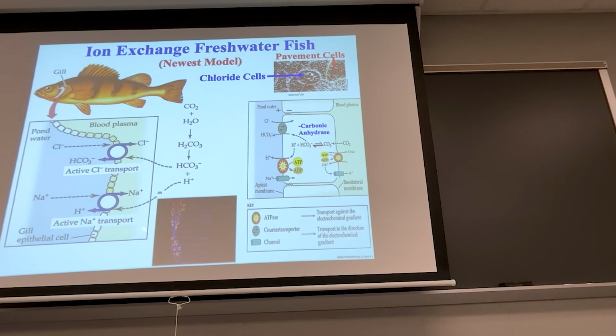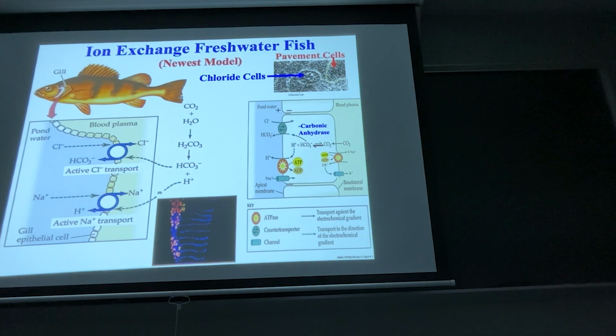Now, this is a picture of the gills. This picture down here is really cool. I killed that one light real quickly, and you can see it a little better. You can actually see the gill filaments, right? Those are the purple filaments that run this way. And at the base of these gill filaments, what you've got lit up here are all the cells that express the hydrogen-sodium exchanger.